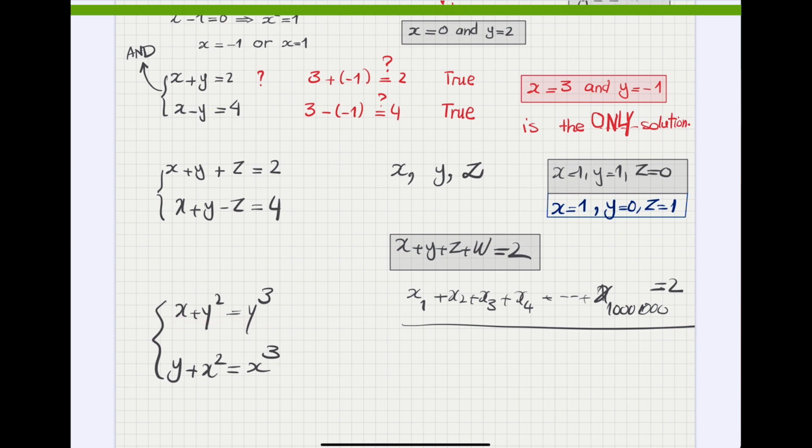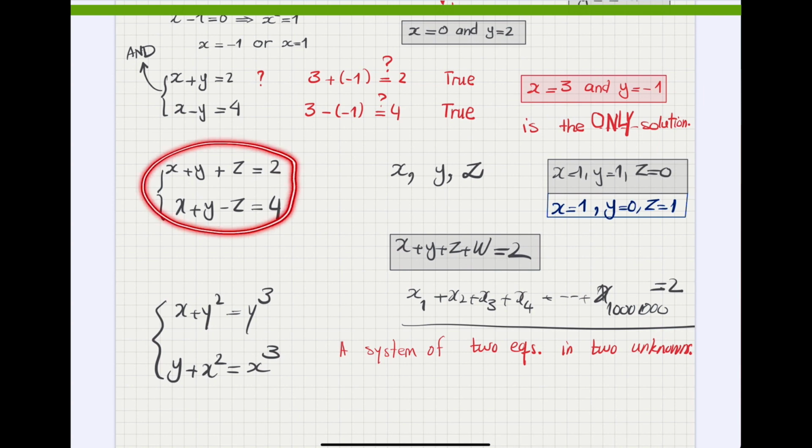Let me write it: a system of 2 equations in 2 unknowns. Let me repeat these ideas a little bit. What is this equation? This is a system of 2 equations in how many unknowns? 3 unknowns. This is a system of 2 equations in 2 unknowns.